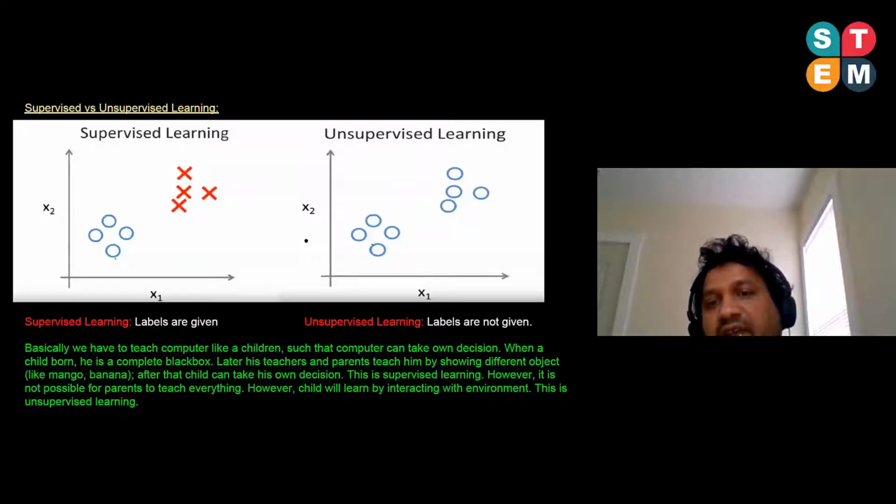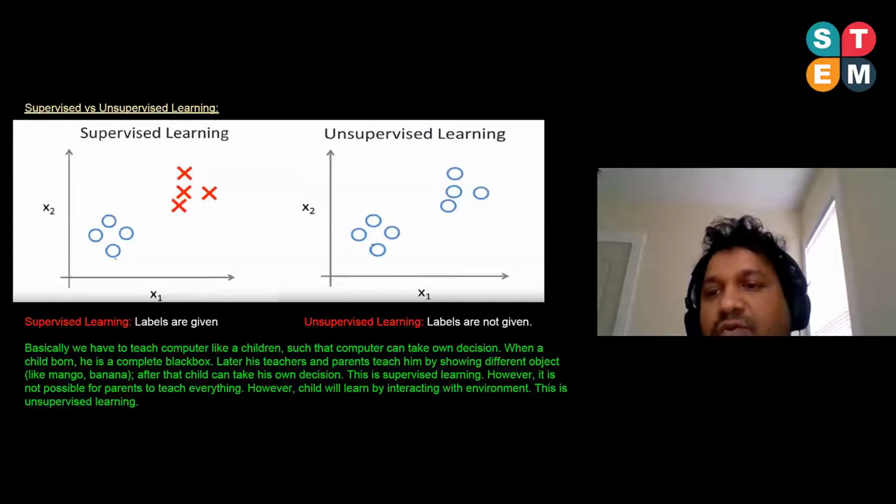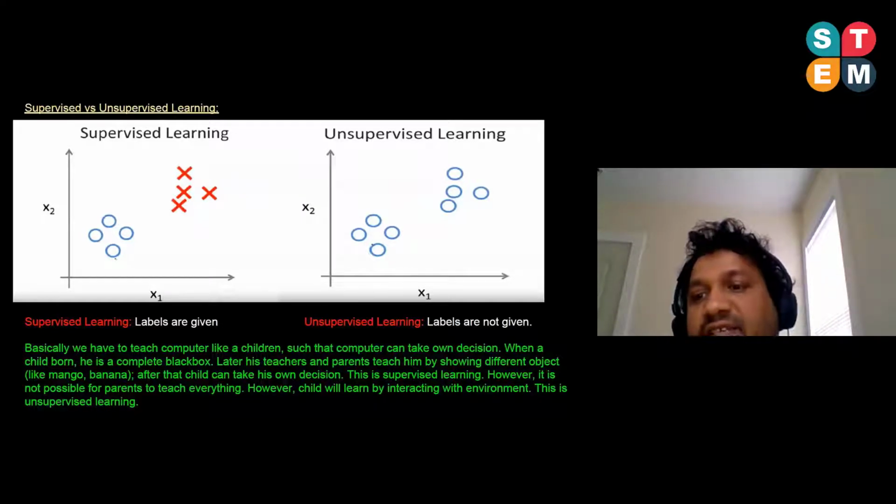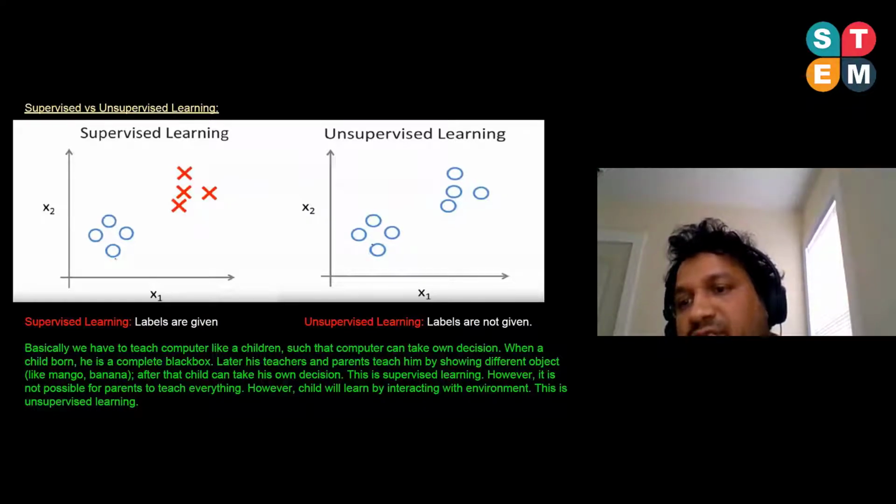In machine learning literature, there are two types of learning: supervised learning and unsupervised learning. In the machine learning approach, first one has to train the computer, to teach the computer so that it can take its own decision.